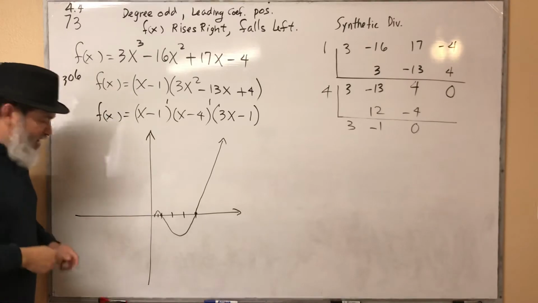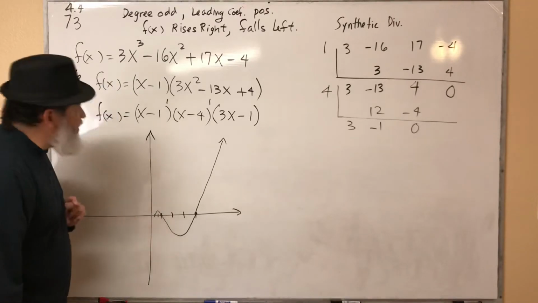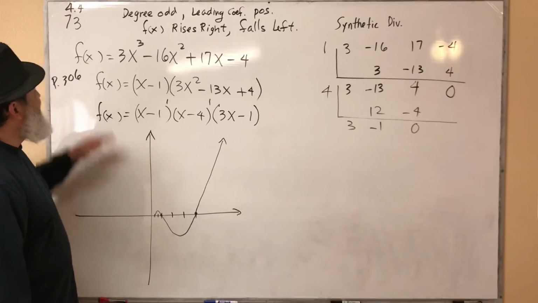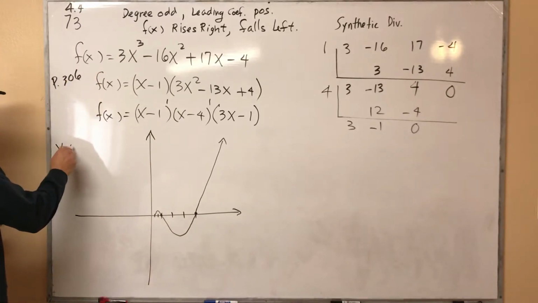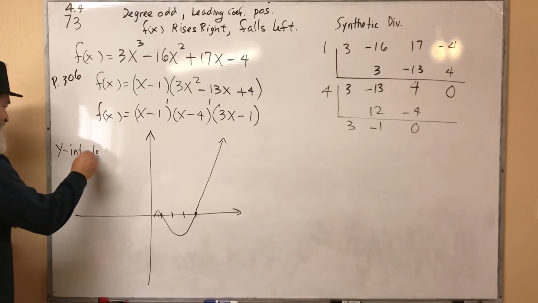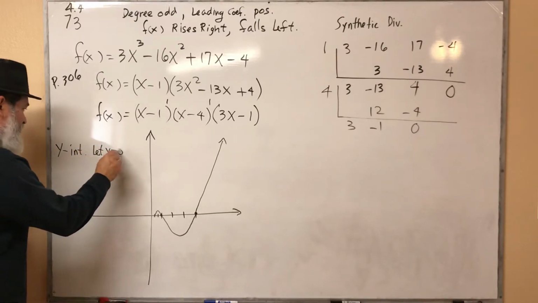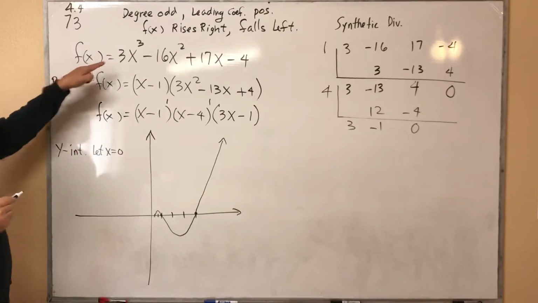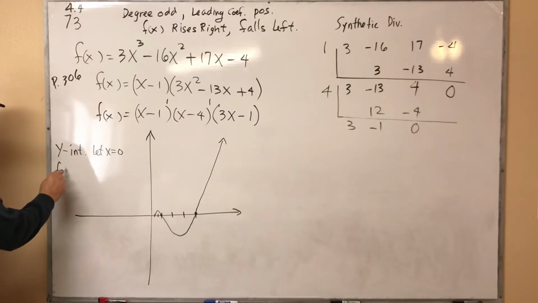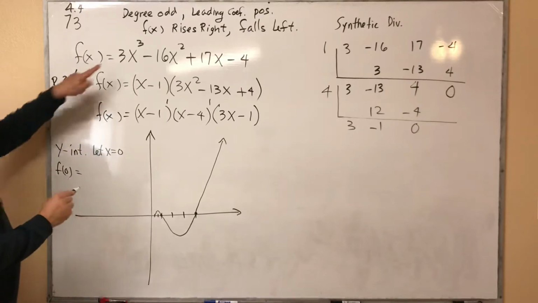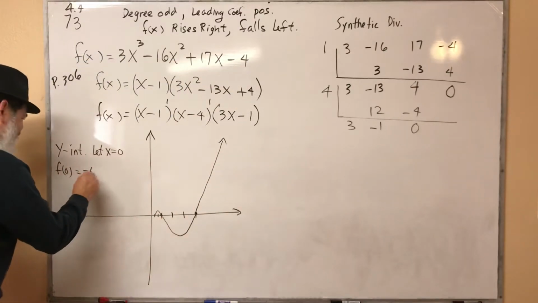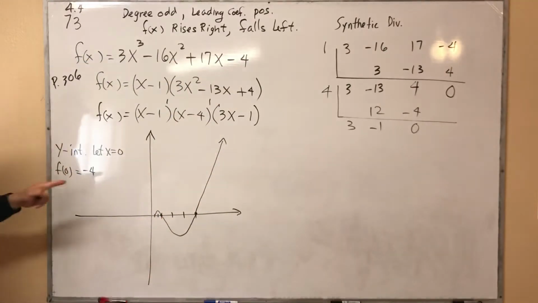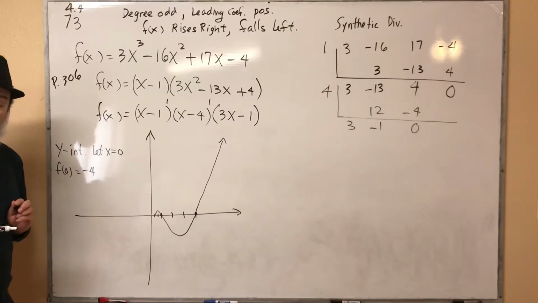And if you want to find the y-intercept, let x equal 0. Plug it in. F of 0, that's 0, that's 0, that's 0. Oh, -4. So this is going to cross at -4.